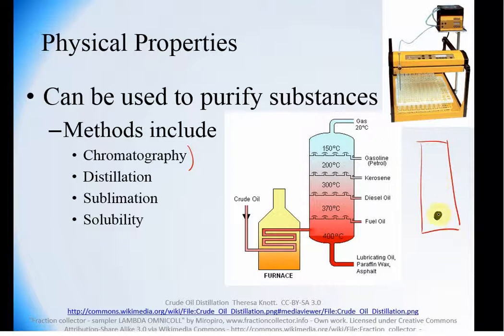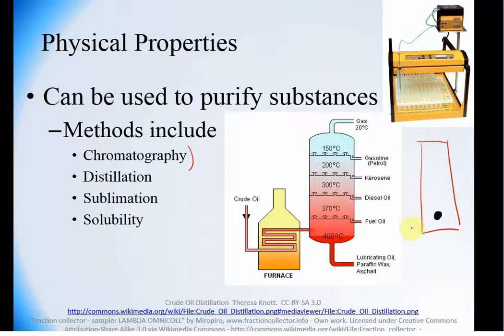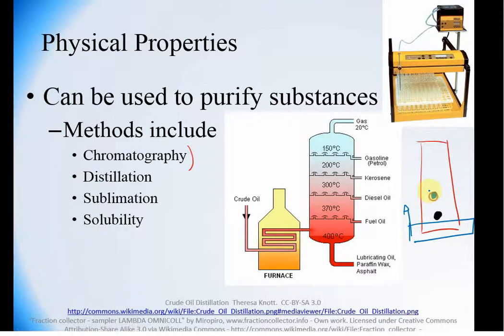You could put a dot on your paper and then you put it in a tub of water, and as the water goes up it pulls out the different components. So for example, your blue ink might be here, your red ink might travel way up here, and maybe something like your yellow ink here.